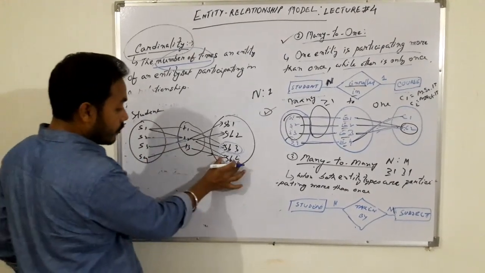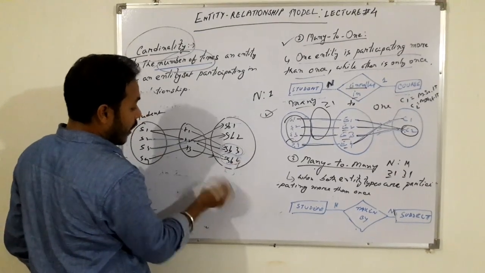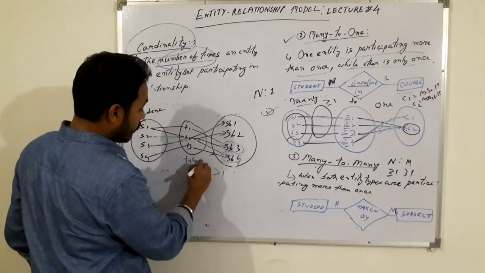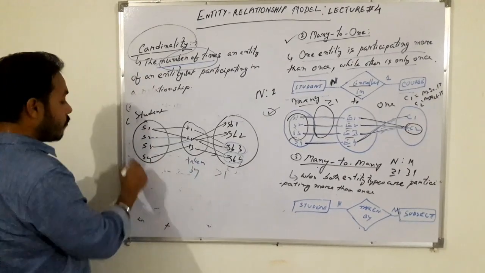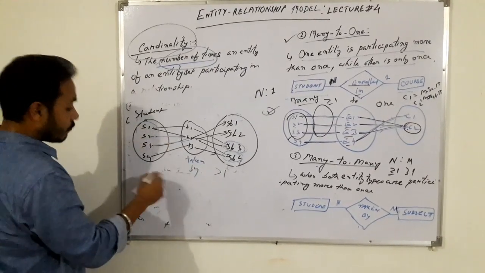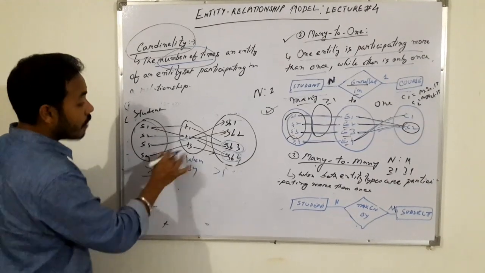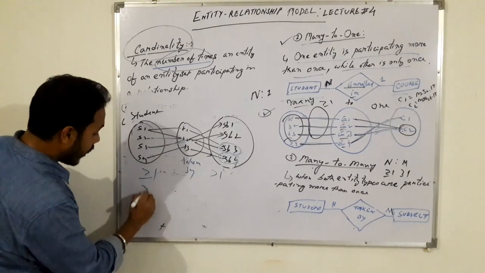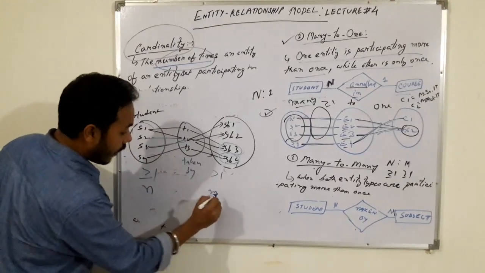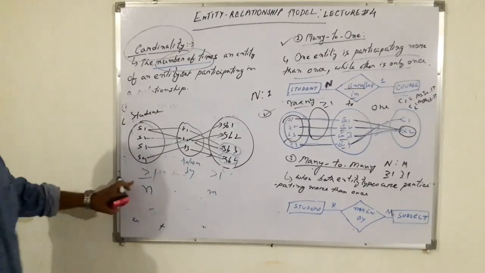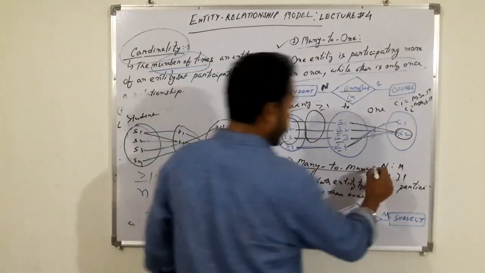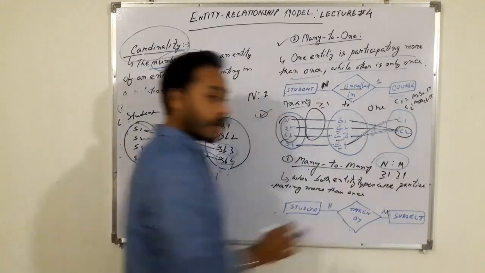This means a single SB4 is participating more than once in this taken by relationship, and similarly from here also students participate more than once in the same relation. So this is an example of many to many cardinality, and we represent it as N to M.